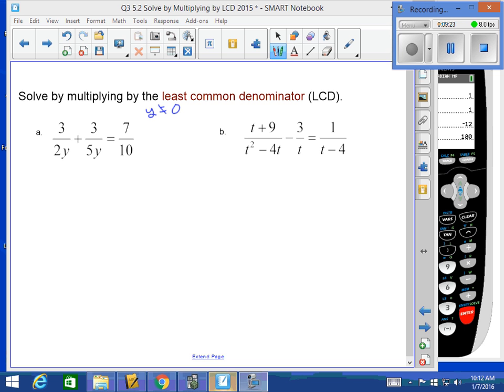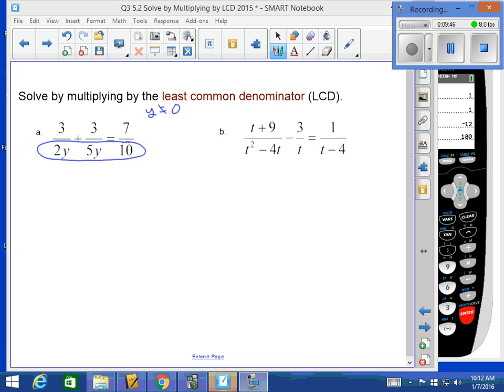Okay, so now to figure out what my least common denominator would have been, I just focus in on my denominators. I'm first just going to look at the coefficients, the 2, the 5, and the 10. Between those numbers, what would be the least common multiple? 2 is a factor, but it's actually not a factor of 5.